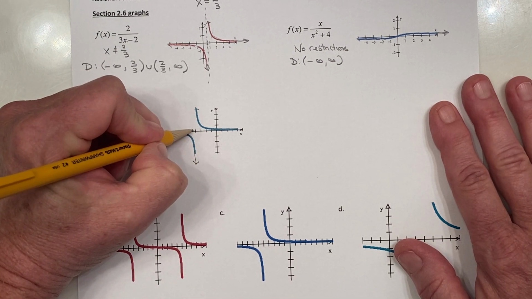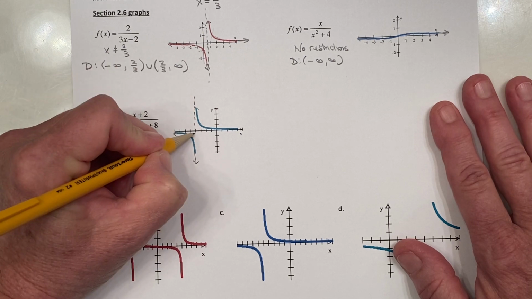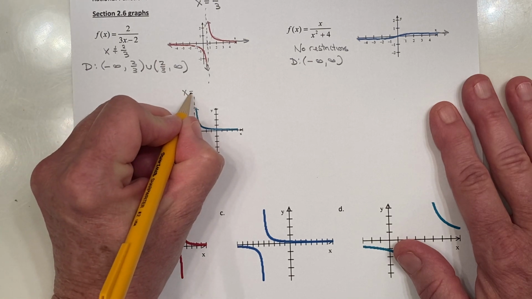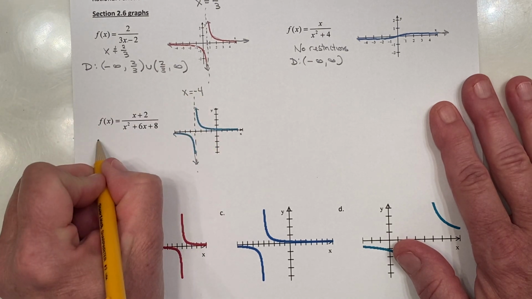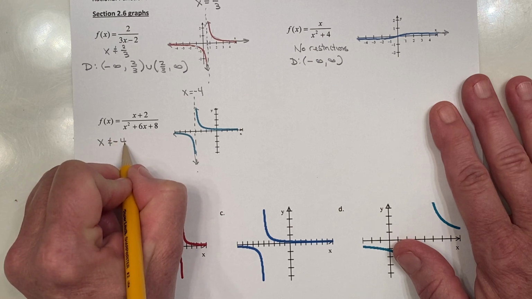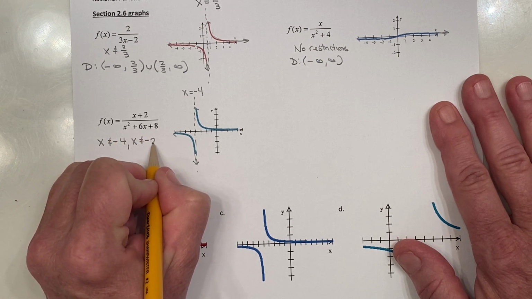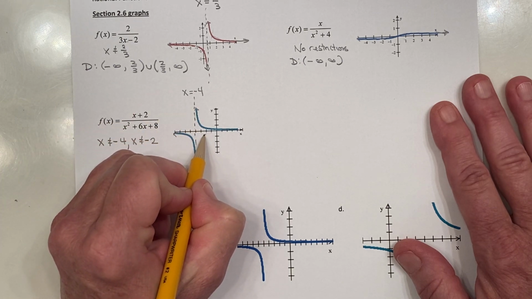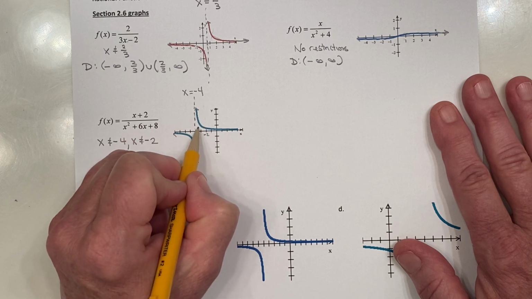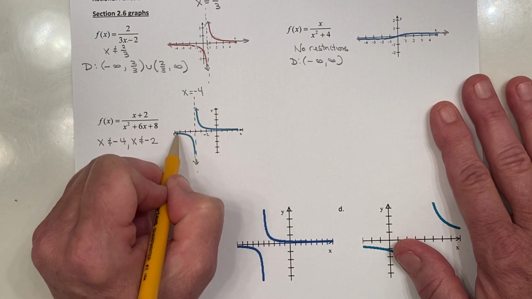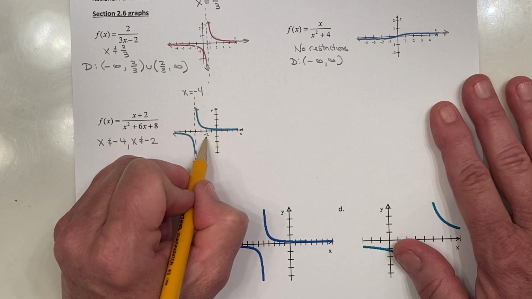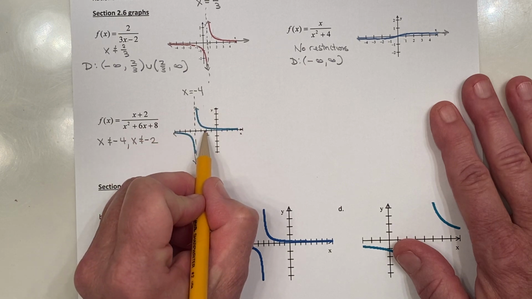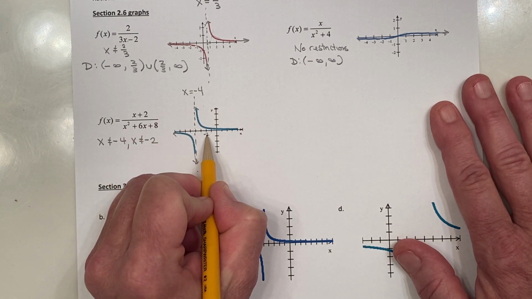Right in between these two branches of the graph, if I dashed in a vertical line, if you count the tick marks, that's actually x equals -4. And we knew from our previous work that x could not be -4, nor could it be -2. One would think when you started to graph at x equals -2, which is right here, that the graph would behave like it had a vertical asymptote, where the graph is drawn to that, but that's not what's happening here. I have a vertical asymptote at x equals -4, but what's going on at x equals -2?